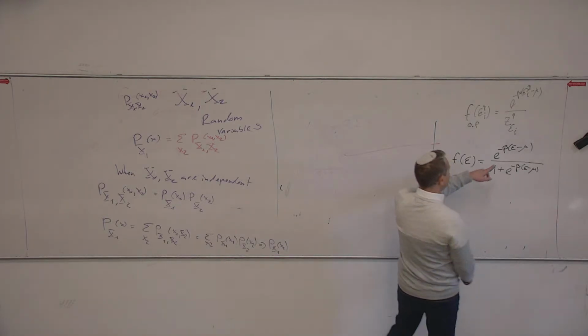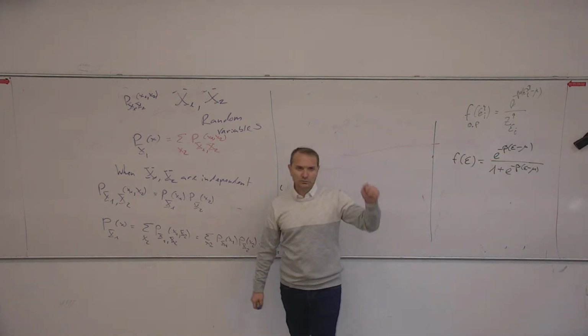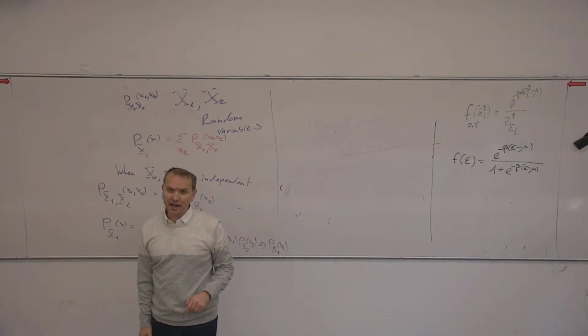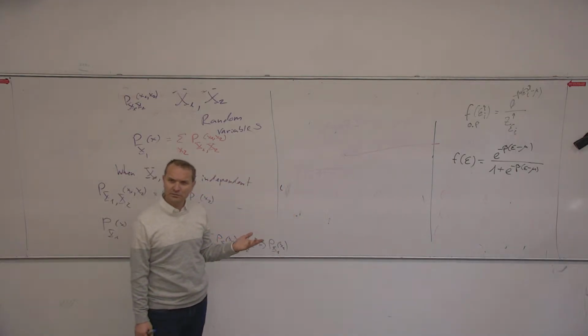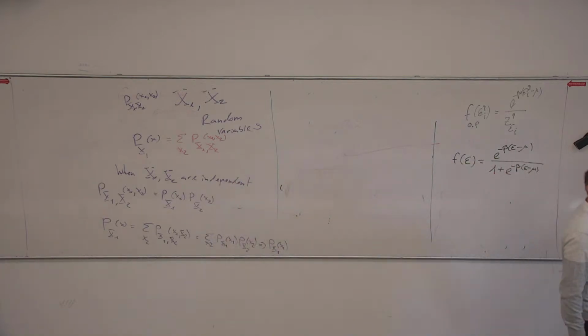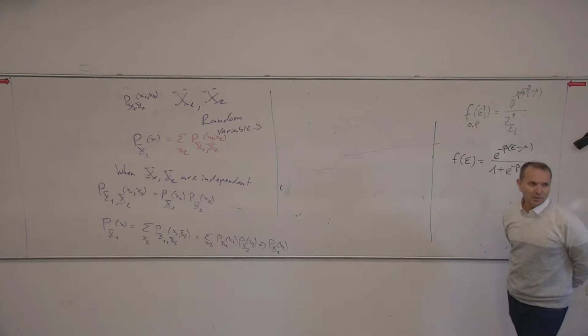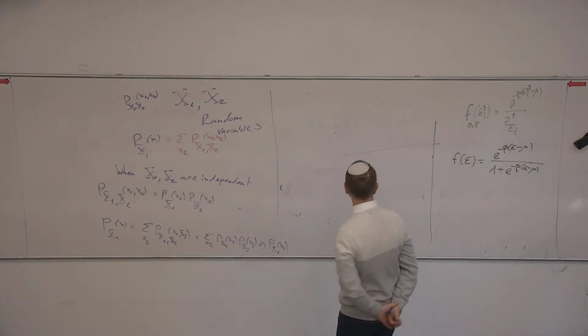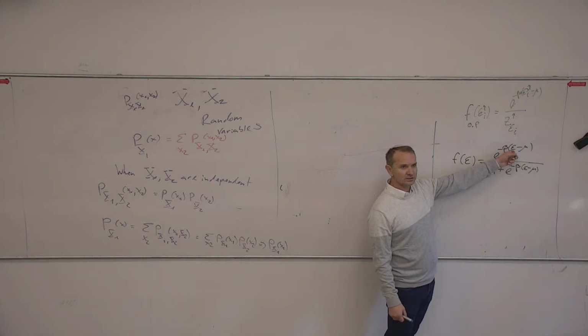Now notice epsilon is the different energetic levels that I have. I haven't told you what they are. They can be 3, 4 joules, 10,000 joules, 7 kT, etc. So I'm going to vary the energy.